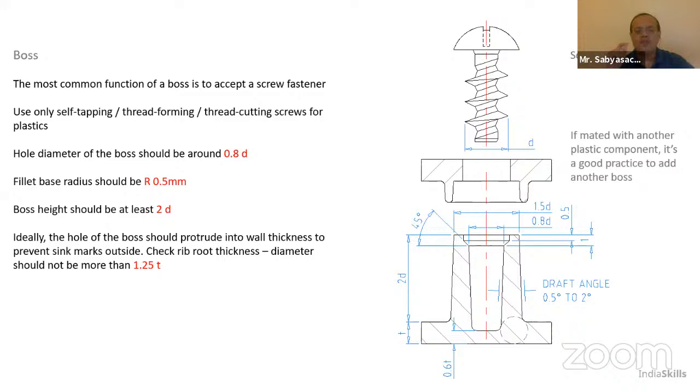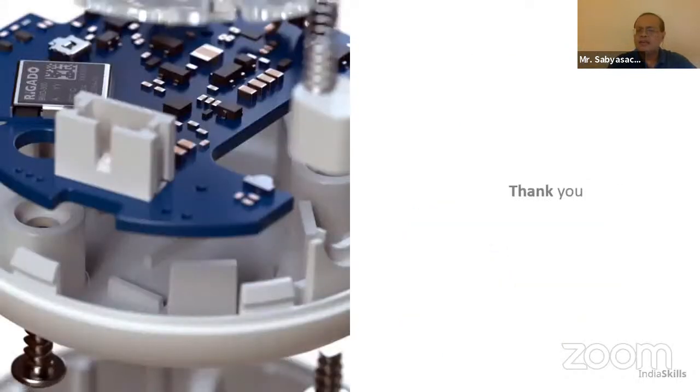These are all manufacturable details, and that is what we are aiming towards, right? This brings me to the end. Thank you so much. I would like to ask you to come back with your thoughts.